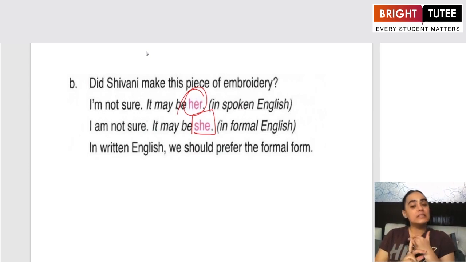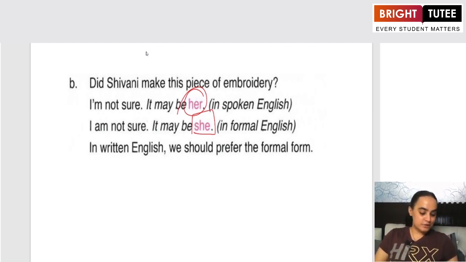It is never it is me, though we do speak that, but the correct usage is it is I. Similarly, it may be her is incorrect. It is used while speaking, but in formal English it is always she. So it may be she, it may be he. Okay, this is how it is.